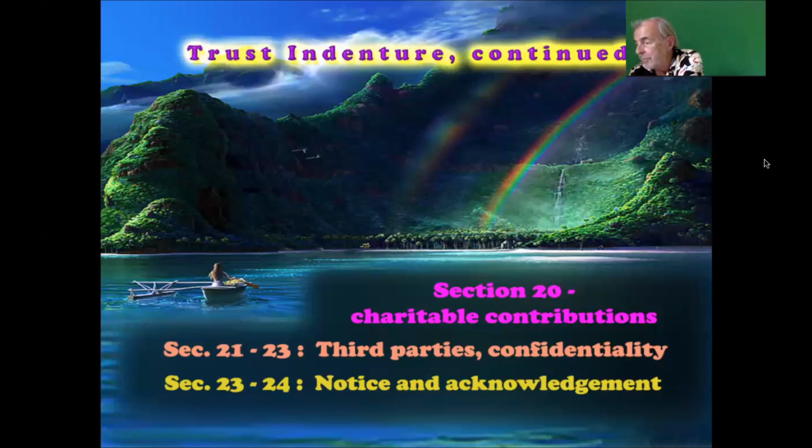And then there's just an acknowledgement at the end. So when you sign at the end, you have put this in place. And as soon as the trustees sign, then this thing is happening and you're on your way.